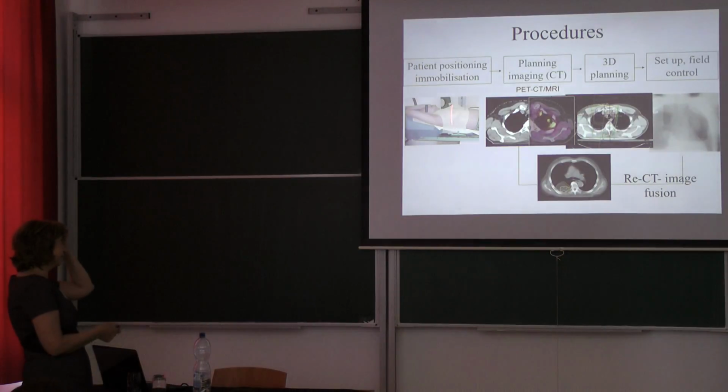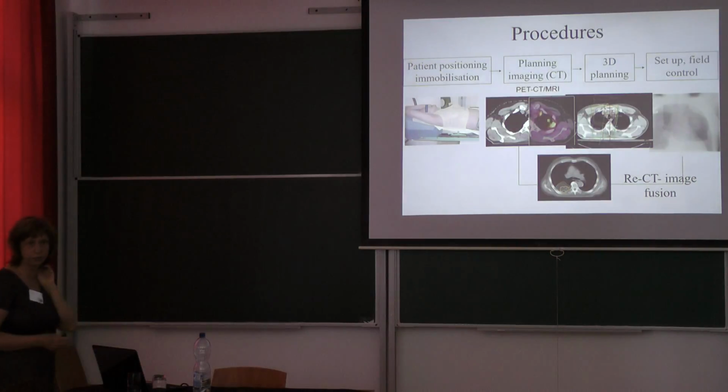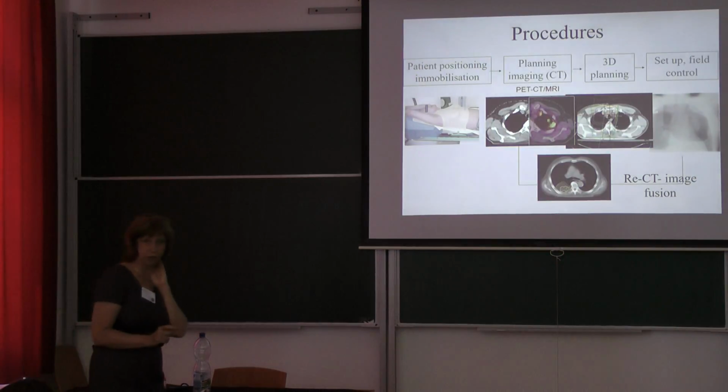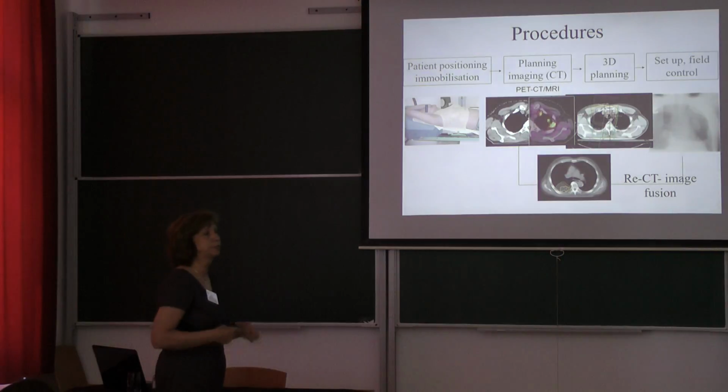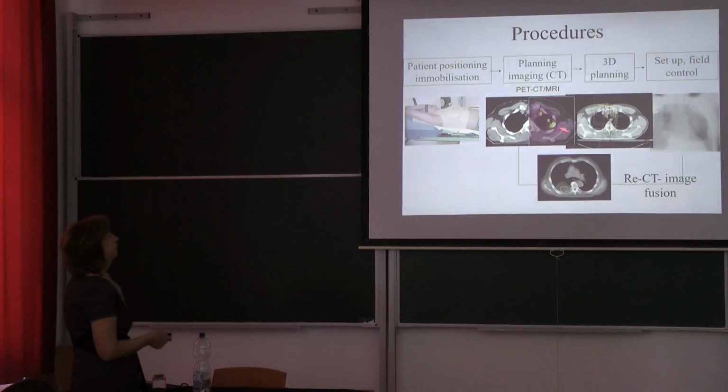And thereafter, different imaging is taking place. Nowadays, the CT is the basis because of the electron density which is needed for the dose distribution calculation, but all of the other images, PET, CT, MRI, can be fused, and this image information can be used for defining the gross tumor volume, and starting from the gross tumor volume, we can define the planning target volume finally.